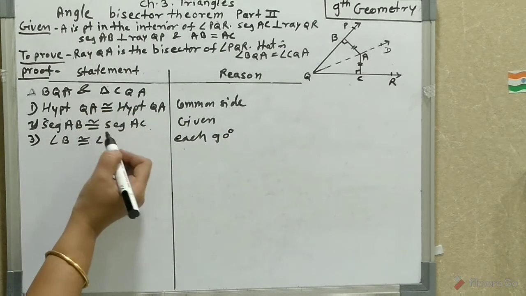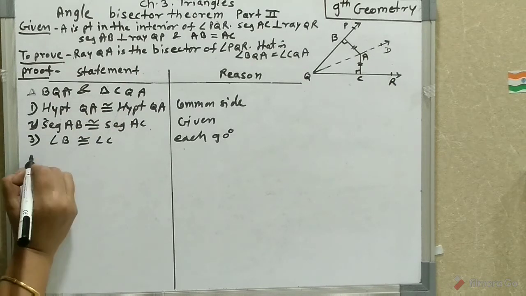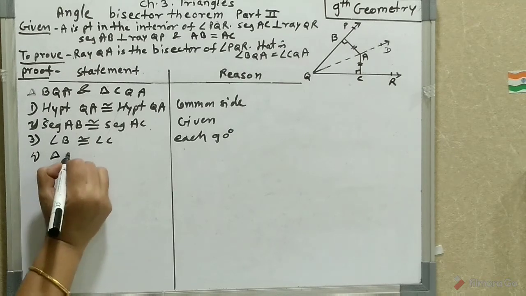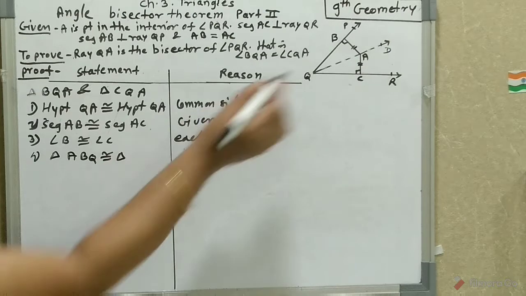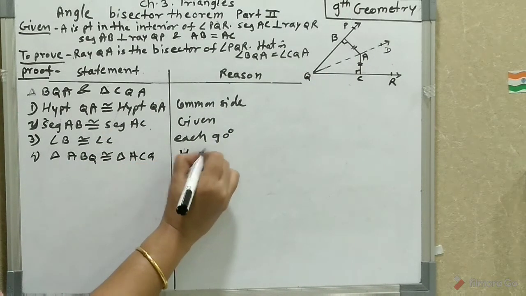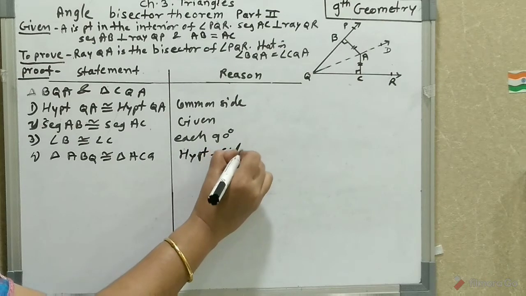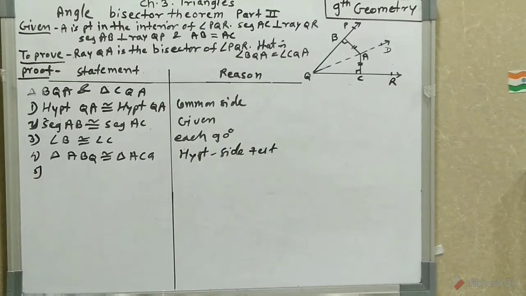So these two triangles are congruent by which test? Hypotenuse side test. So triangle ABQ is congruent to triangle ACQ, by the hypotenuse side test. Now what is the remaining part?